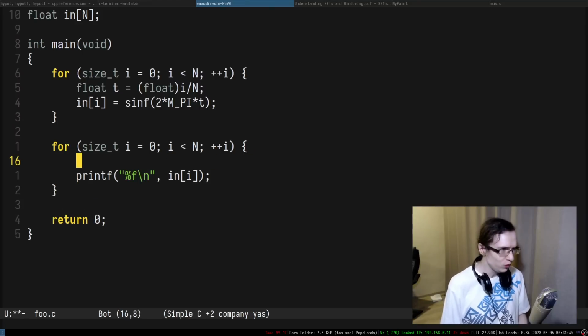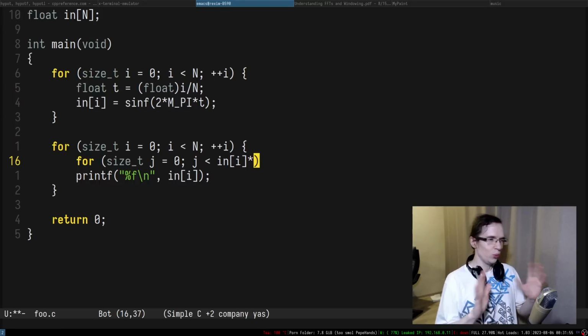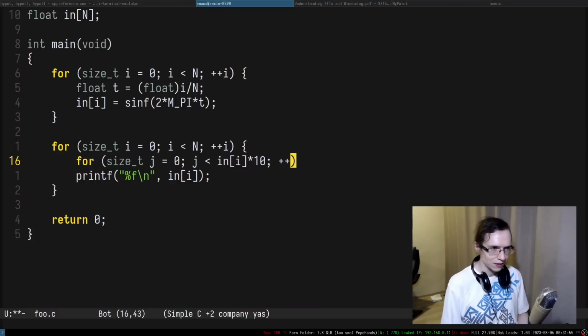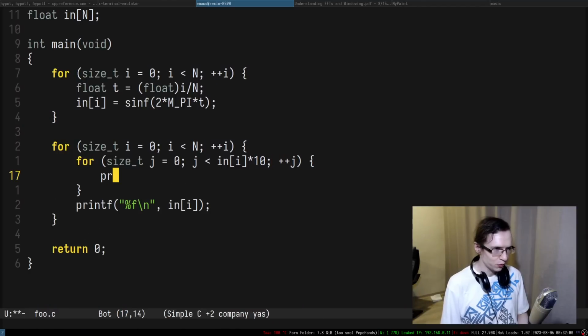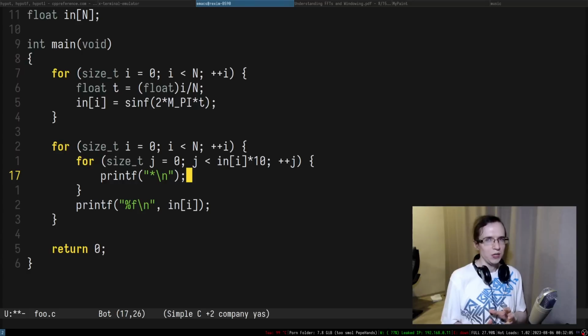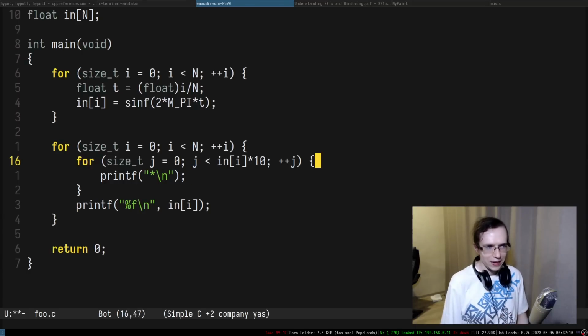We can do a loop for size_t j equal to 0, j less than the sample multiplied by some width, say 10, and print stars or something. We can't really do that because the value of sine can be negative. So how do you handle a negative value? I think it's going to be cut off. We can try that.